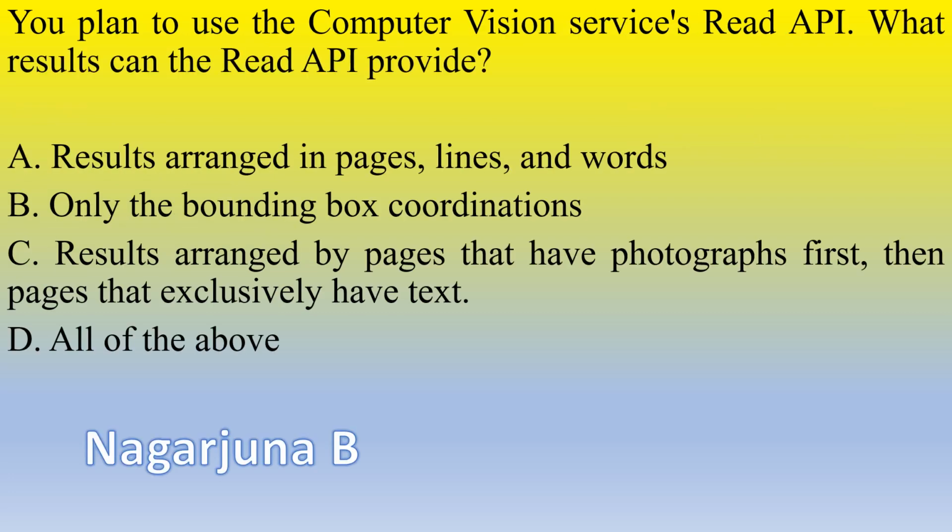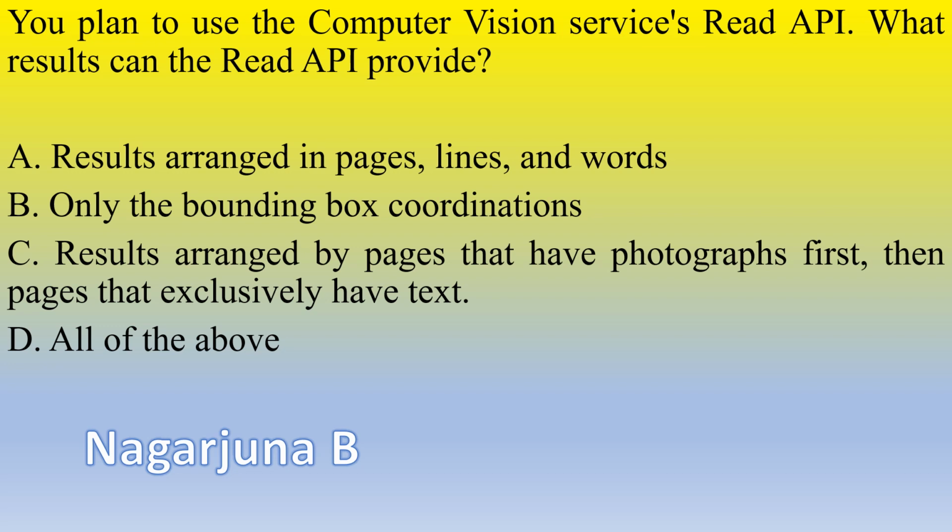You plan to use the computer vision service's Read application program interface. What results can the Read API provide? A. Results arranged in pages, lines and words. B. Only the bounding box coordinates.